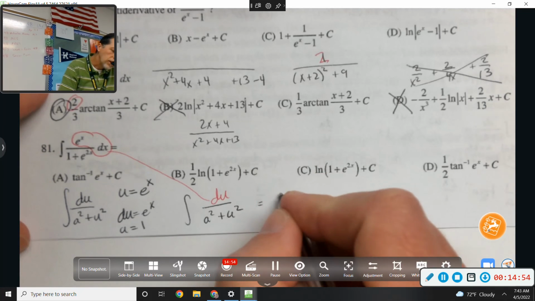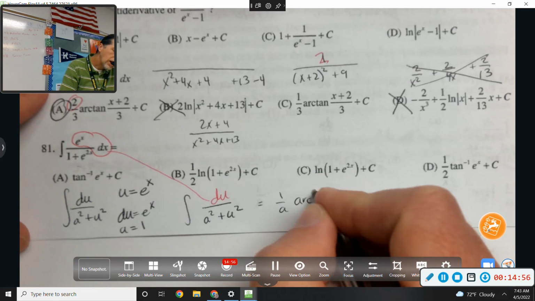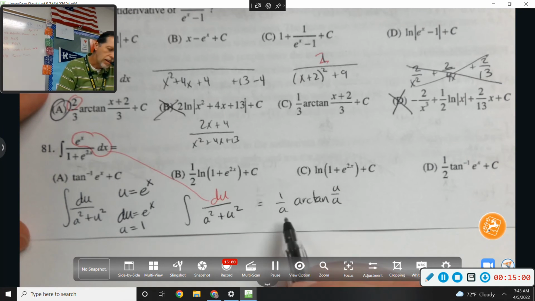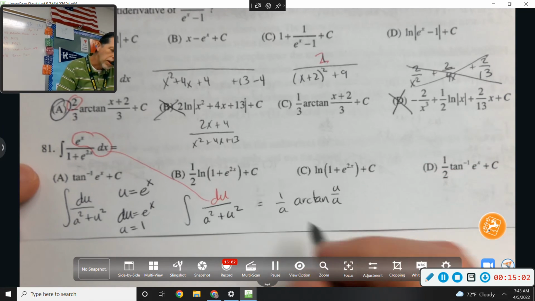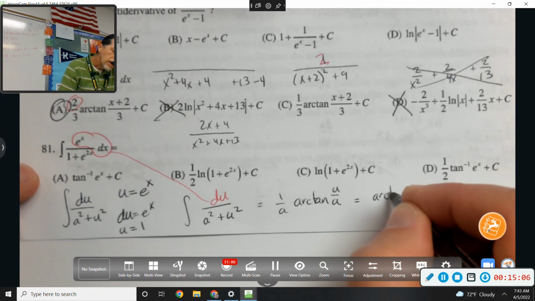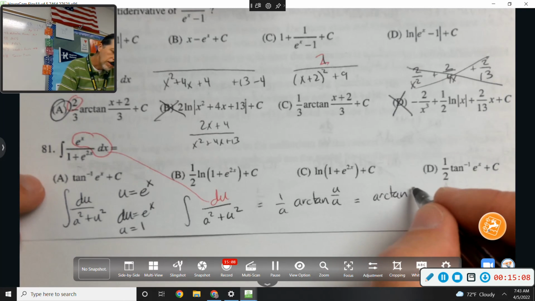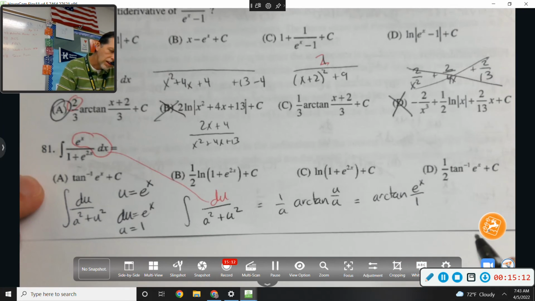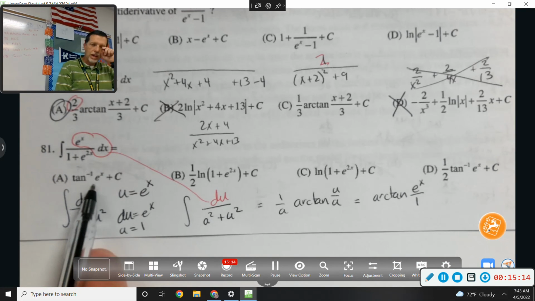So 1 over a arctan of u over a. a is just 1, but we don't want to forget that 1 over a out front. So arctan of e to the x over 1. Inverse tangent of e to the x plus c.